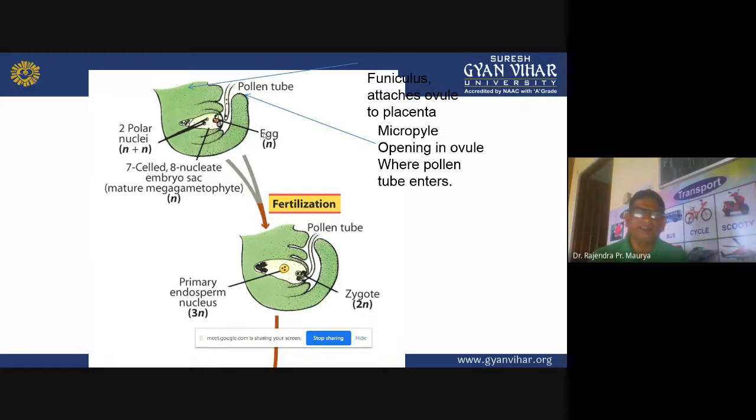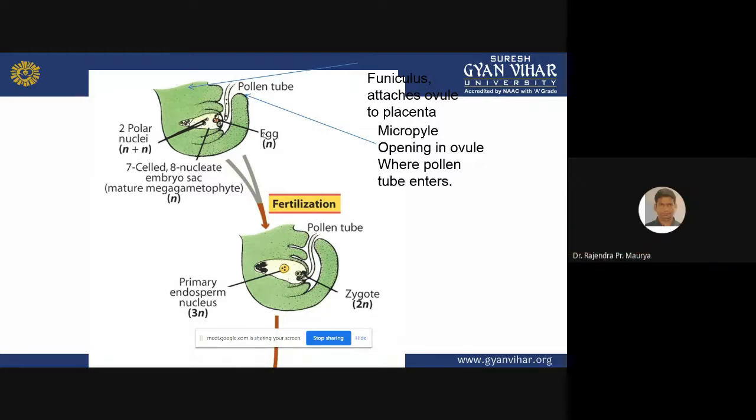So we can say the 1n male gametes, and at the other end female gametes. So this one is the 7-celled, 8-nucleate embryo sac, the mature megagametophyte.